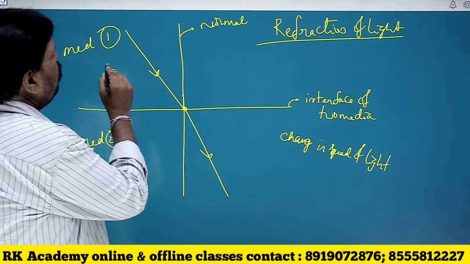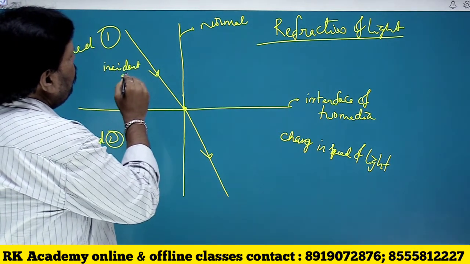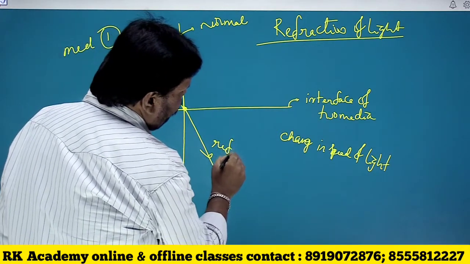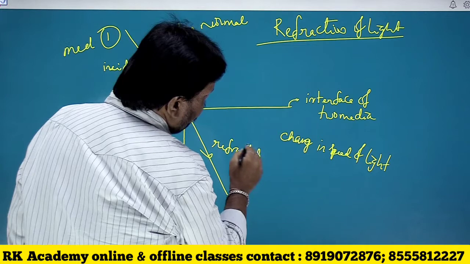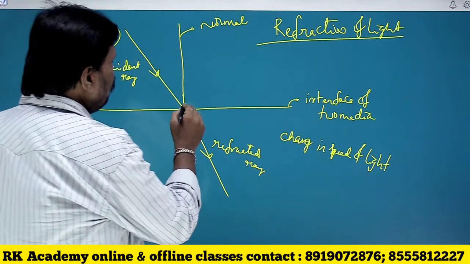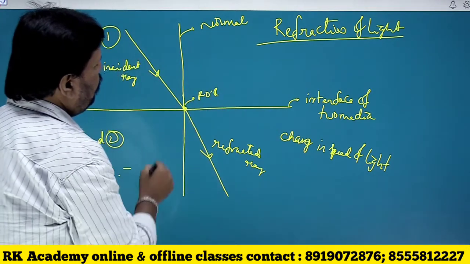This ray is known to be the incident ray, and this is known to be the refracted ray. This is known to be the point of incidence, and this is the normal.